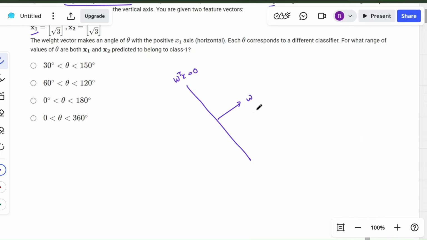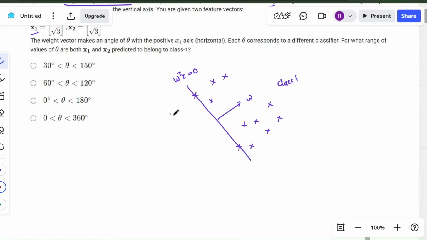So this is my W, and whichever data point is on the same side of W, or even if it's on the hyperplane, still they all get predicted as class 1. So this is my class 1.